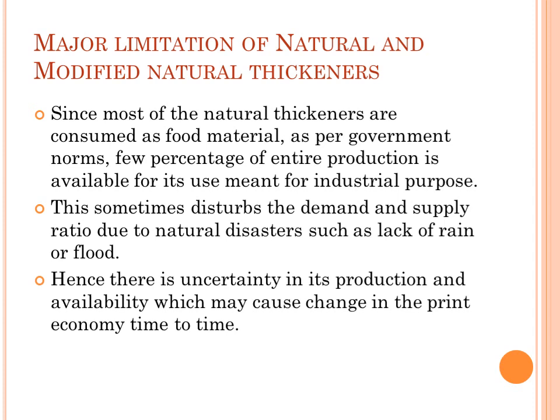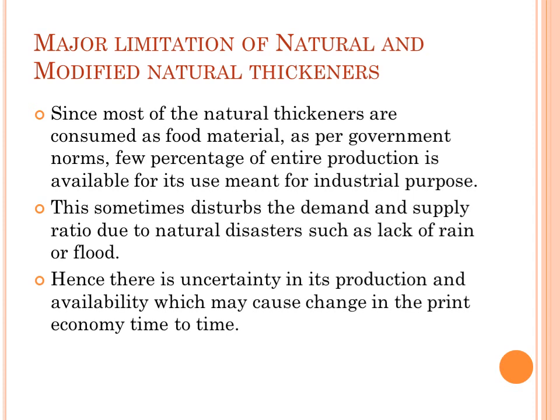So as per government norms, only a few percentage of the entire production is available for industrial purpose. Say 100% is produced this year, out of that only 20 to 30% may be available for industrial purpose.